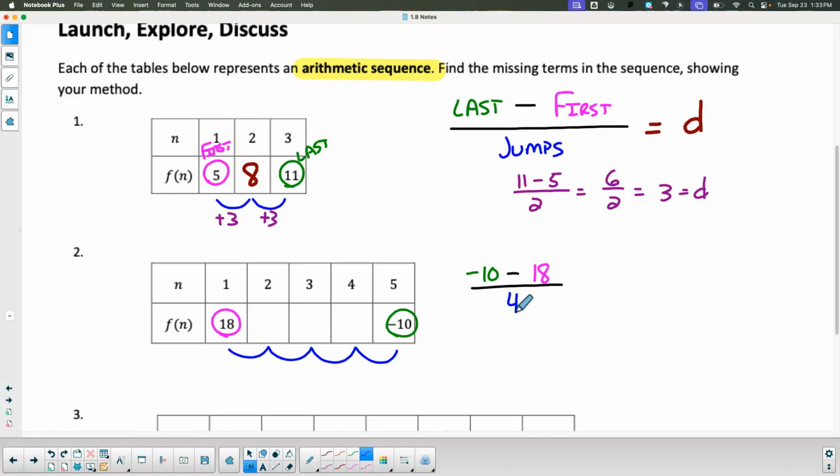Negative 10 minus 18 is negative 28. Negative 28 divided by 4 is negative 7.